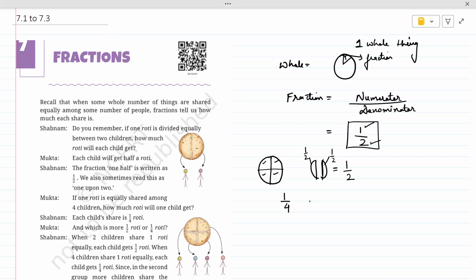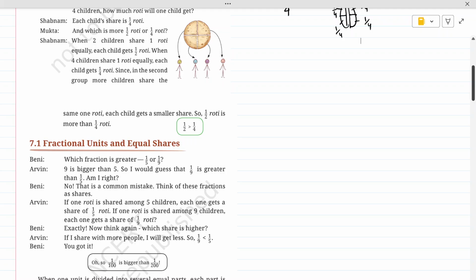You can also understand this in this way: first we divided this complete roti into two halves, and now we can further divide these two halves into two parts. So each half has two 1 by 4. This is 1 by 4, 1 by 4, 1 by 4, and 1 by 4. So these 1 by 4 are the fractions of the complete roti given here as an example.